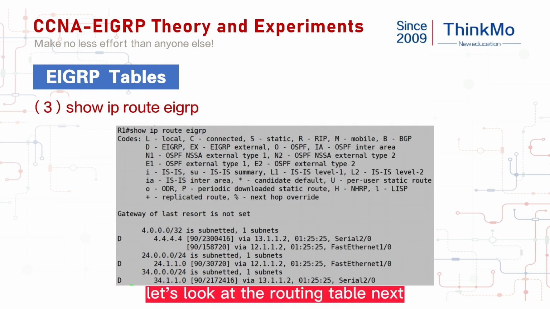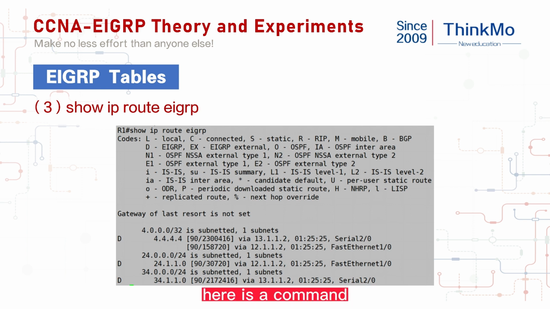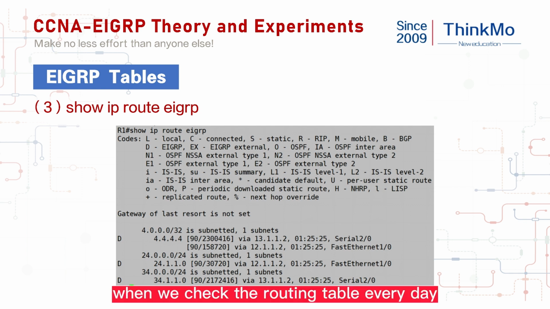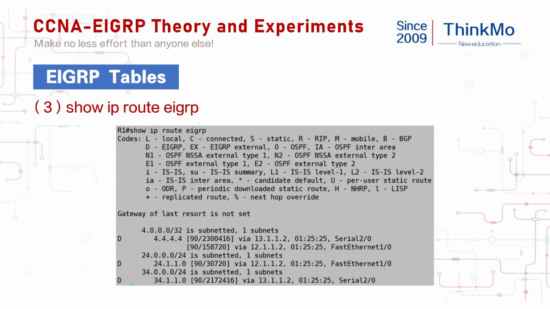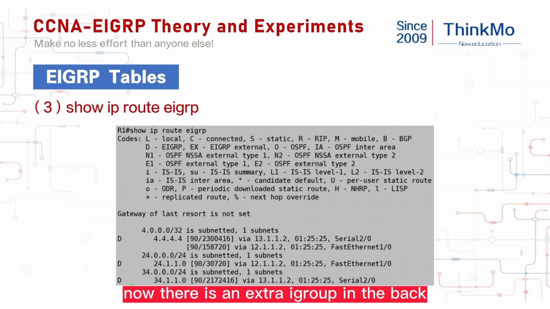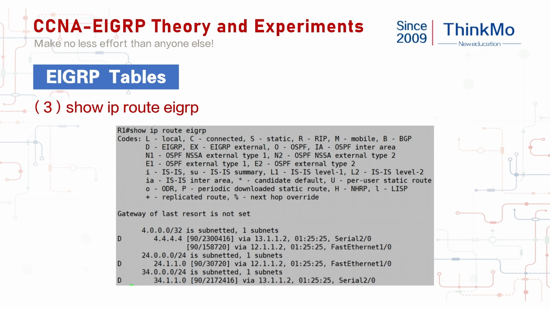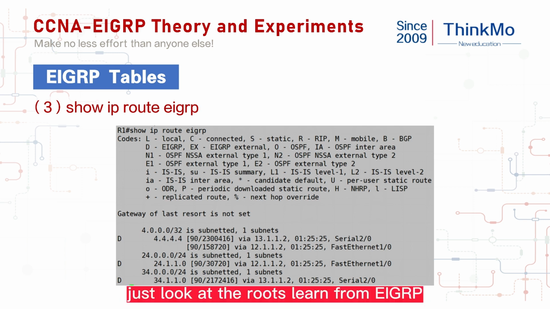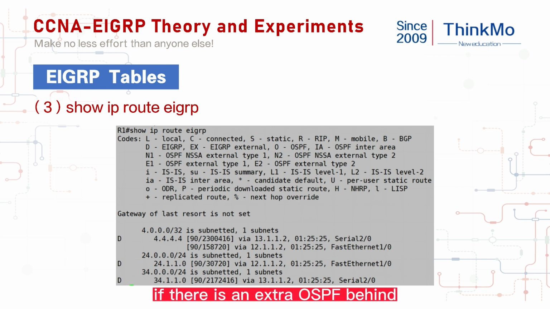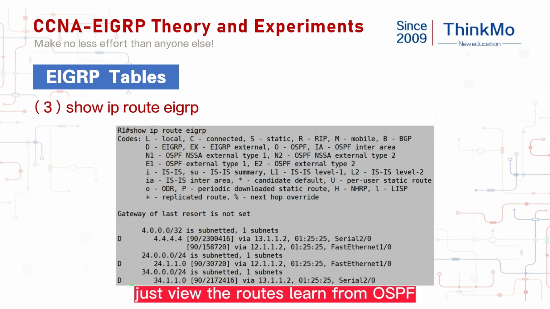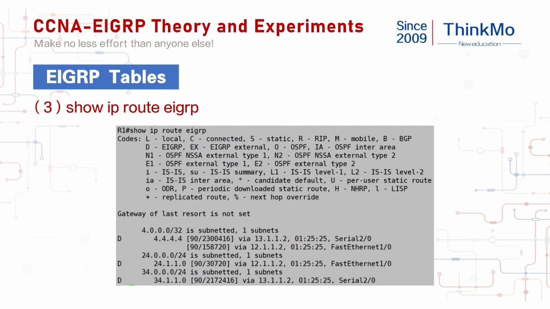Okay. Let's look at the routing table next. Here is a command: show ip route eigrp. Do you know what this means? When we check the routing table every day, it is show ip route. Now there is an extra eigrp at the back. Just look at the routes learned from EIGRP. If there is an extra ospf behind, just view the routes learned from OSPF.